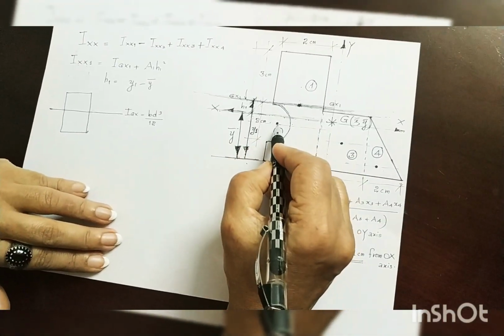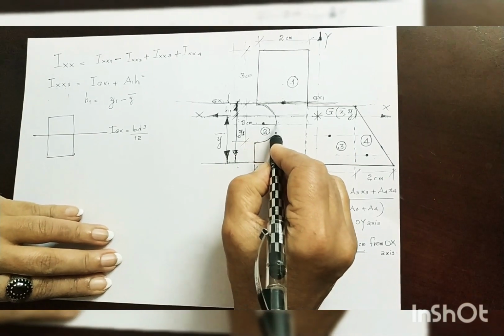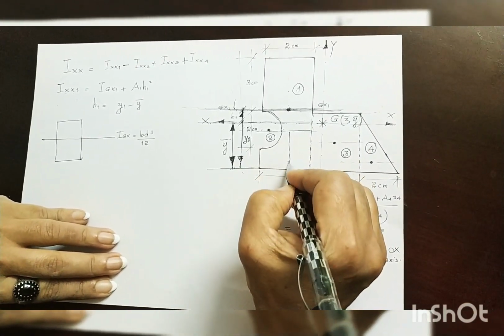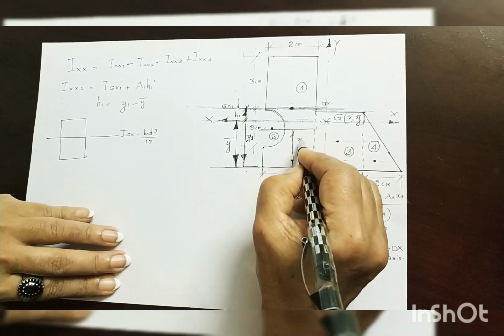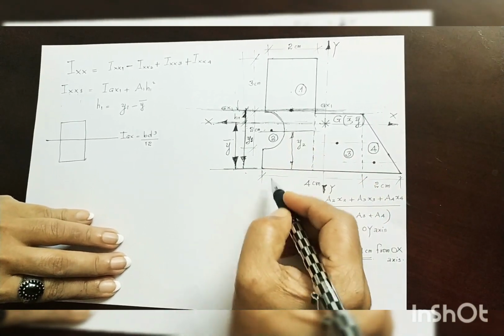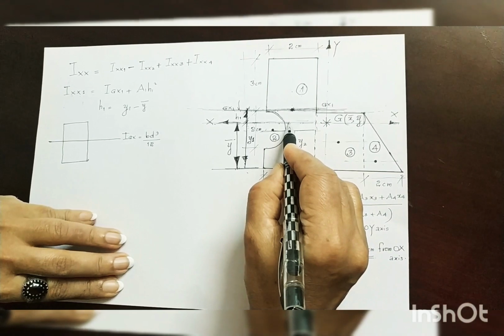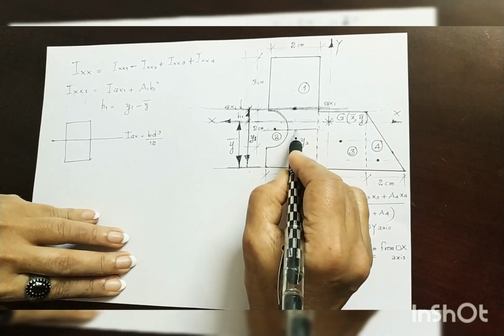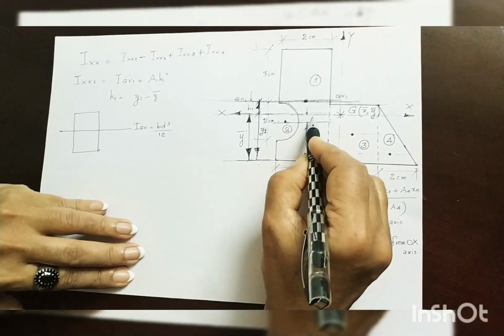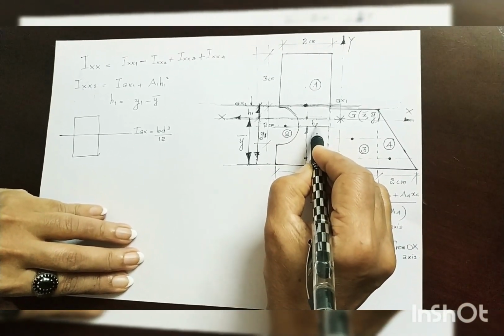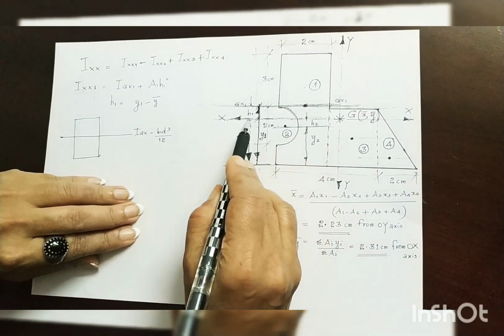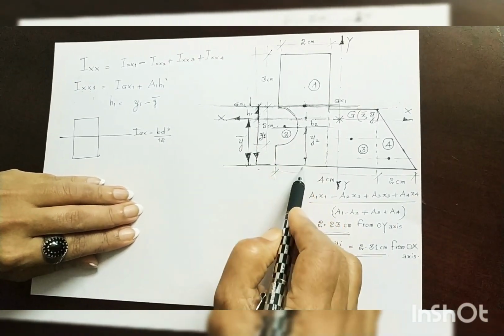Similarly, for figure 2, this is its own centroidal axis, and this distance is y2. Now, the common centroidal axis and its own centroidal axis are both parallel. So the distance between the two parallel axes is h2. Now, what is h2? h2 is y bar minus y2.